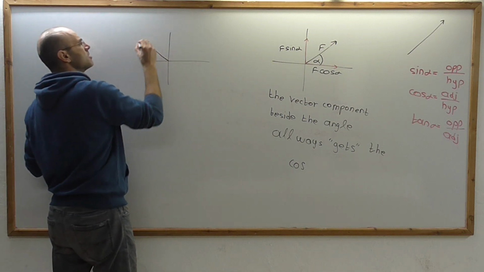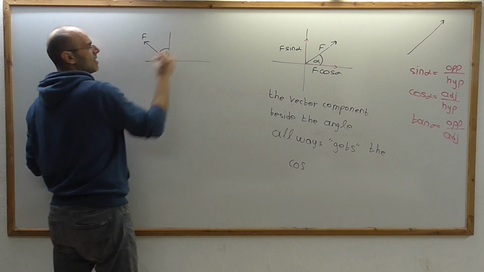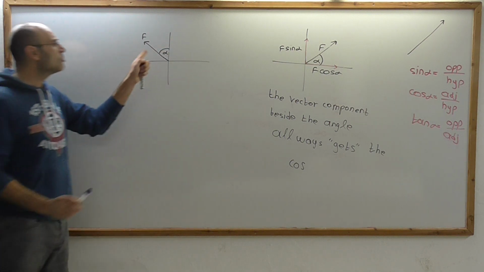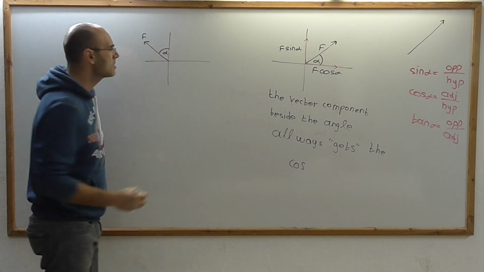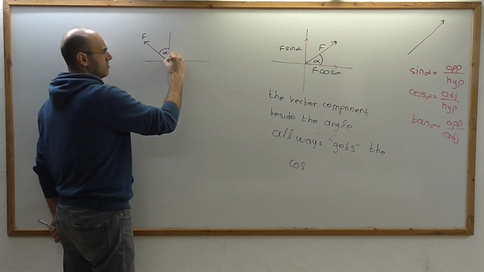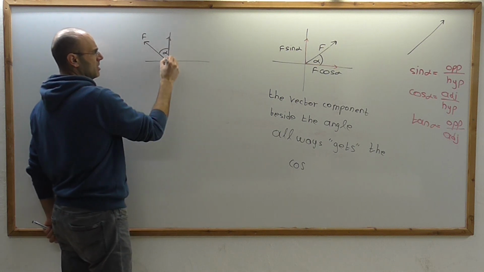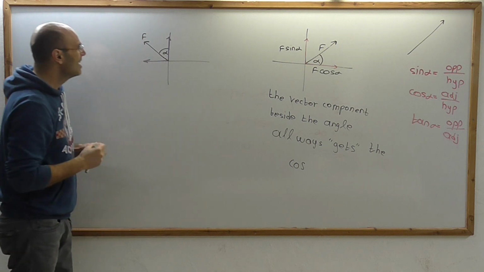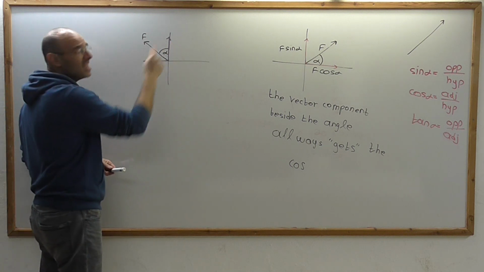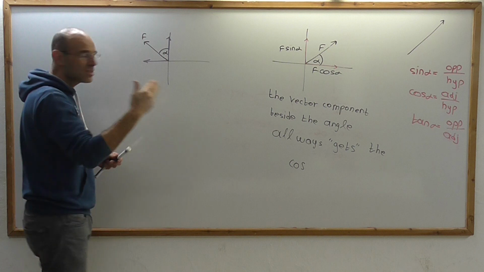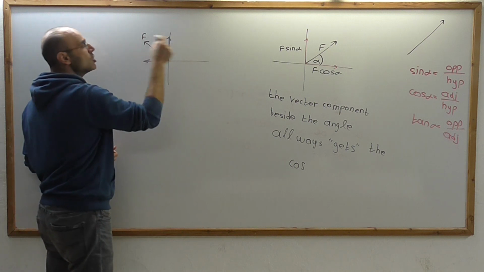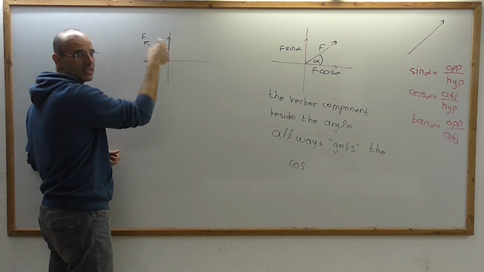I'll show you another example. Suppose this is my vector f and this is alpha. I want to break this vector into its components. So the components will be upwards and left. Which component is beside the alpha, next to the alpha? This one. So it will get the cosine.